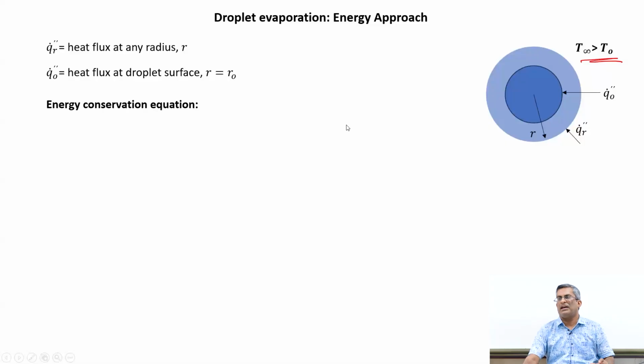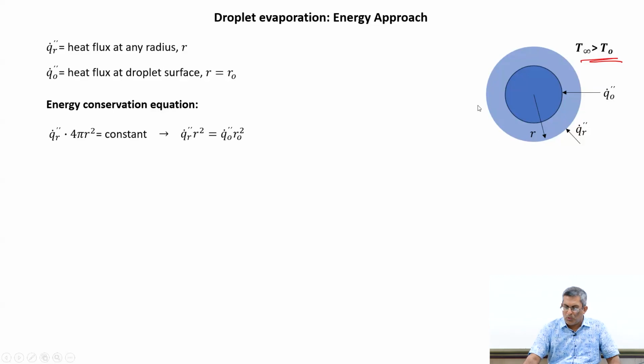So now if we use the energy conservation equation, what we get is that the total flow of heat, or the heat flow rate, is basically constant. Why is it constant? Because there is no external source of heat generation or dissipation. Okay, so basically the heat flux times the surface area is constant, and accordingly we get this expression, that the heat transfer rate at any radius is equal to the heat transfer to the droplet at the droplet surface.